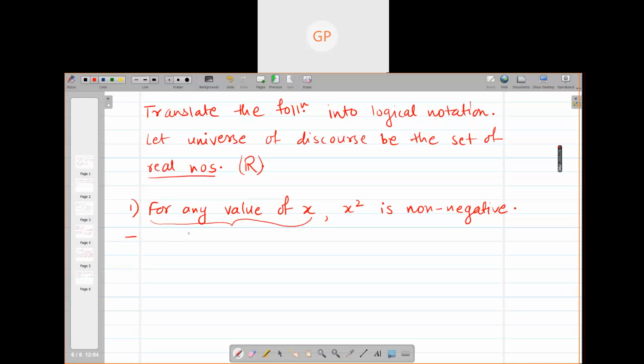It is equivalent to saying for every value of x, right? So what will be the translation? For all x, x square is greater than or equal to 0. Does everyone understand?